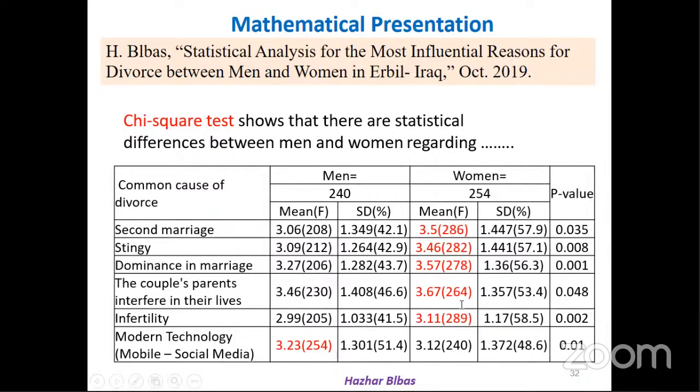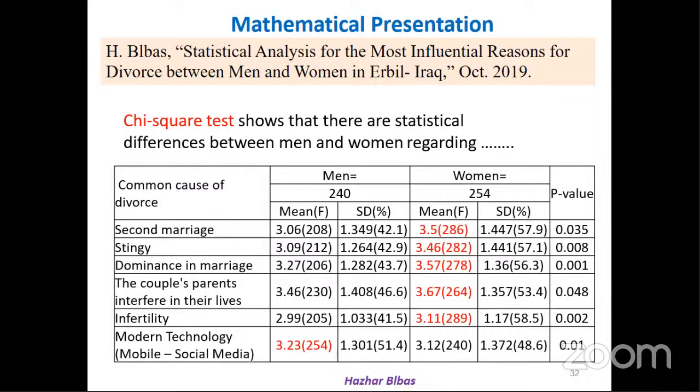If we look at this info, all the p-values are less than 0.05. It means there is a relationship between all these causes, such as second marriage, stingy, dominance, couple parents, infertility, modern technology, and the gender. I mean, there is a difference.